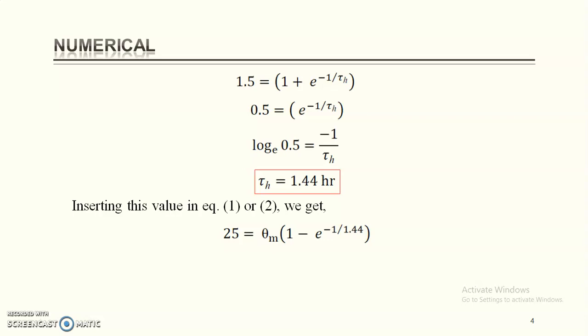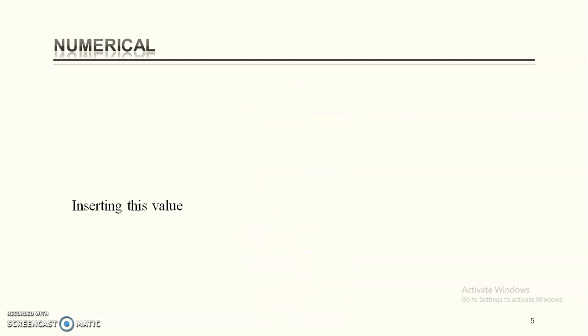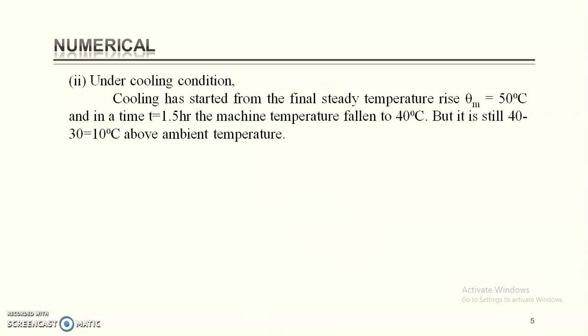On the left hand side the temperature is 25, and on the right hand side we put the value of tau h, and time remains 1 hour. So 25 equals theta m into bracket 1 minus 0.5, where 0.5 is the value of e raised to minus 1 upon 1.44. Finally you get theta m equals 50 degrees Celsius. This is about the first condition.